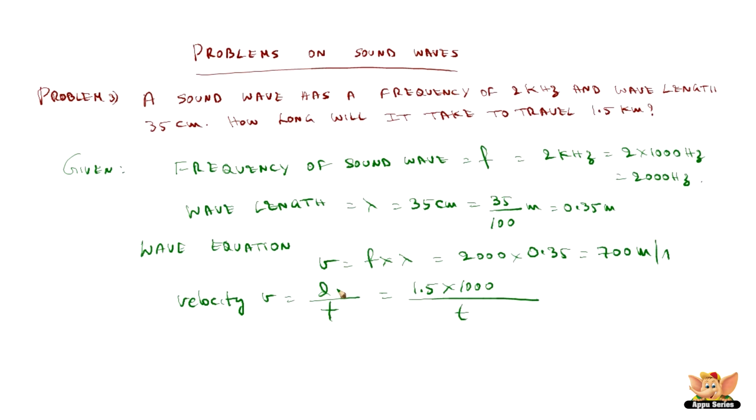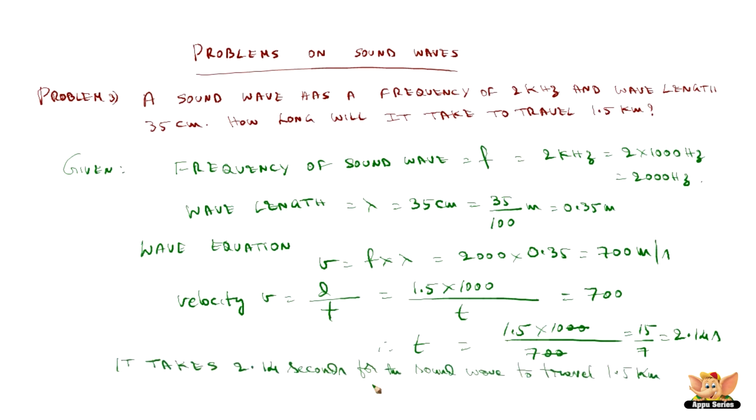So 1.5 into 1000 divided by t is equal to 700 meters per second. So therefore t is equal to 1.5 into 1000 divided by 700, 15 by 7, which is 2.14 seconds. Therefore, we can say that it takes 2.14 seconds for the sound wave to travel 1.5 kilometers.